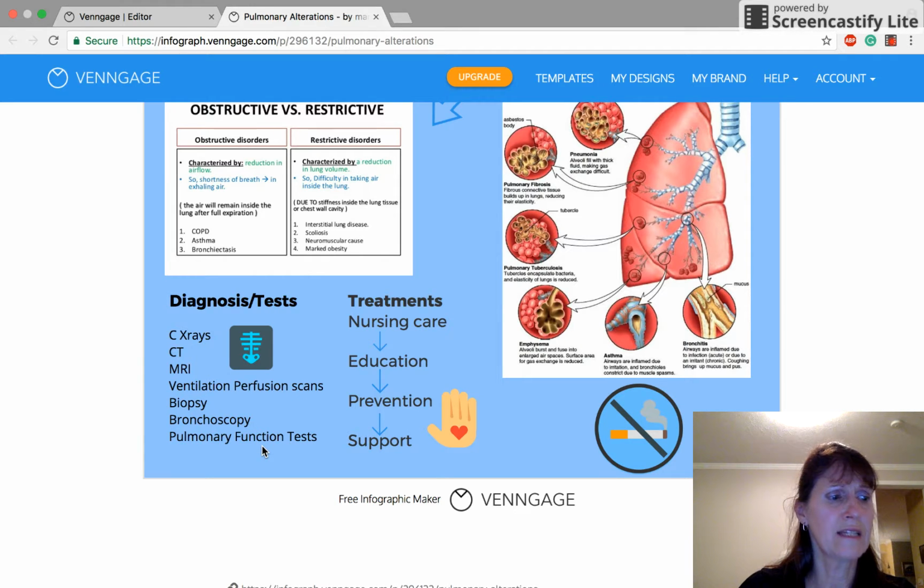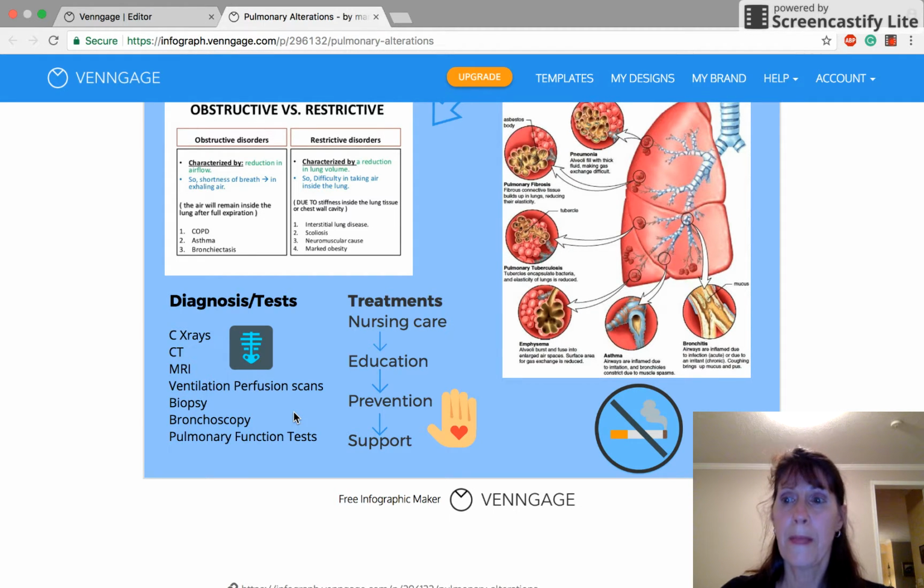Pulmonary function tests look at how well your lungs are working, how deep of a breath you can take, how much air you can blow out. Peak flow measurements measures the air flowing out of your lungs. That falls under that. Chest ultrasound, imaging tests with sound waves to look at the structures of your lungs. So those are just some of our tests that we do to diagnose lung disease.